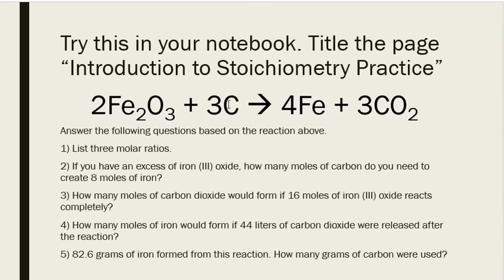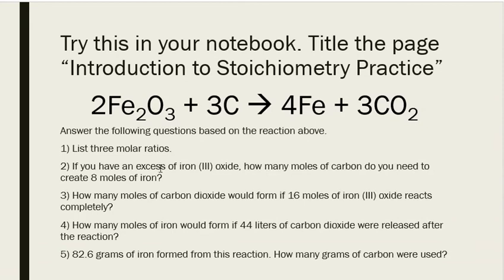We have 3 atoms of carbon on the reactant side, and 3 atoms of carbon in the product. How many atoms of oxygen are on the reactant side, and how many do we have on the product side? So you can prove to yourself, see if this is a balanced reaction.